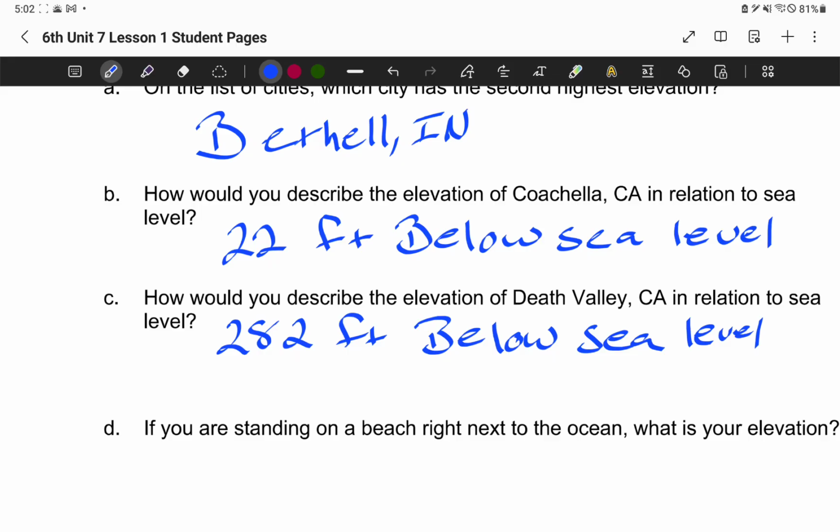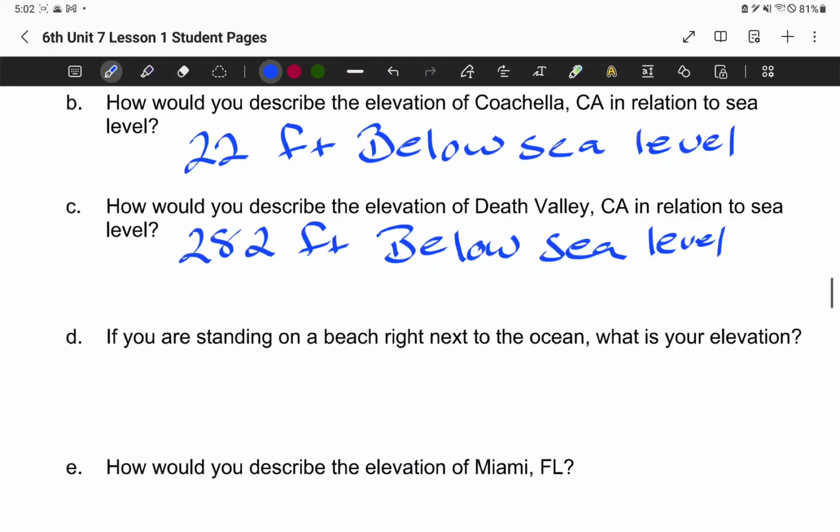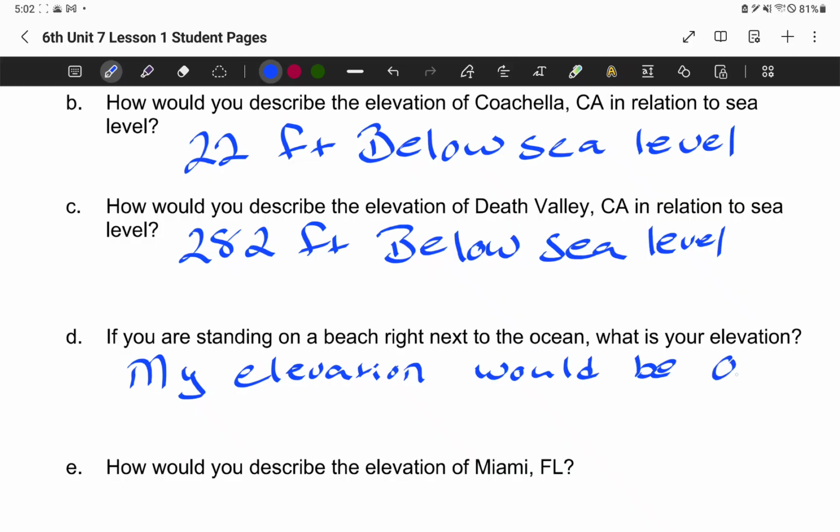And so if you're standing on a beach right next to the ocean, what is your elevation? Well, if you're at the beach and right next to the sea level, your elevation would be 0.